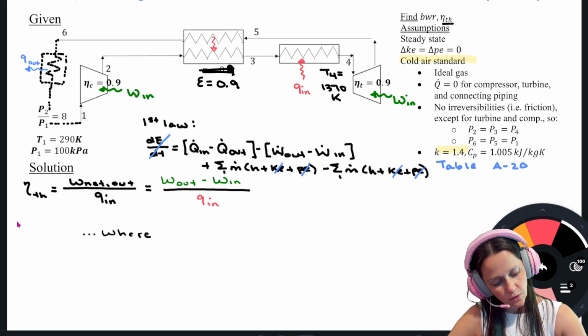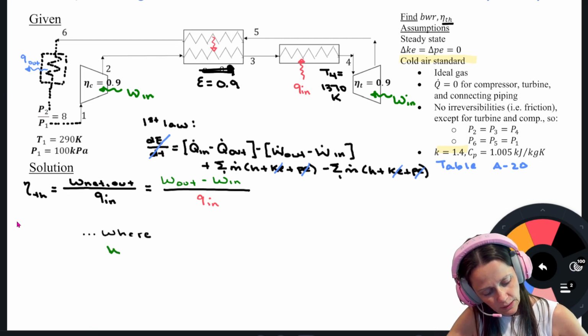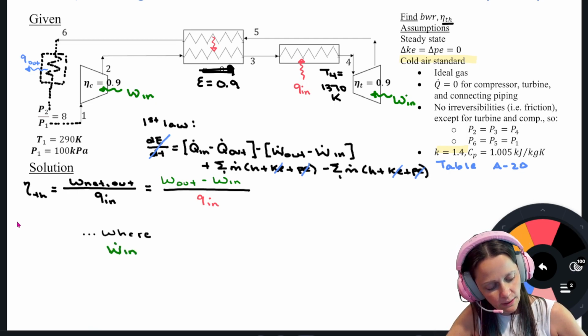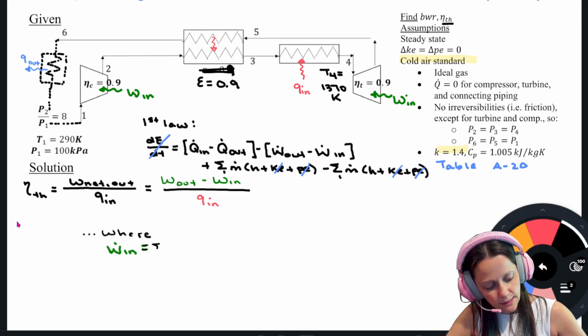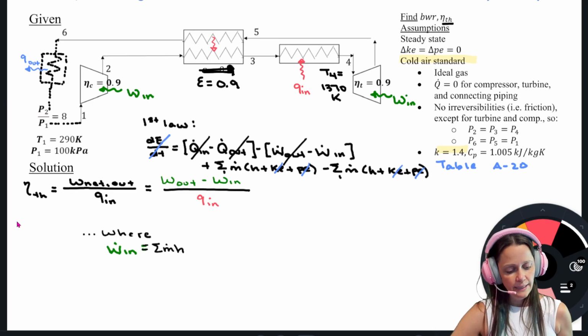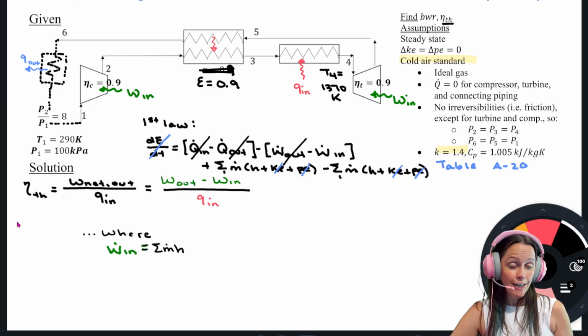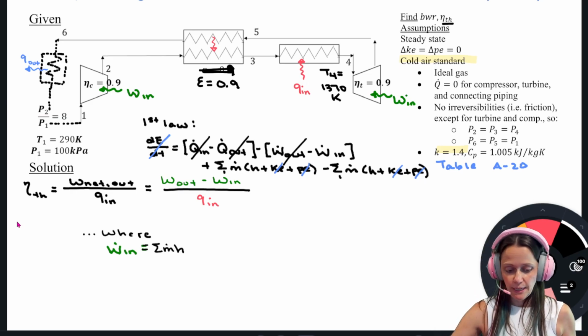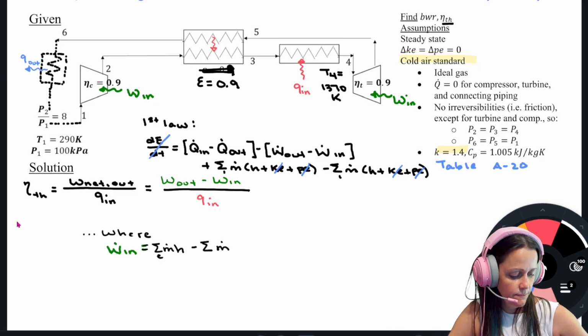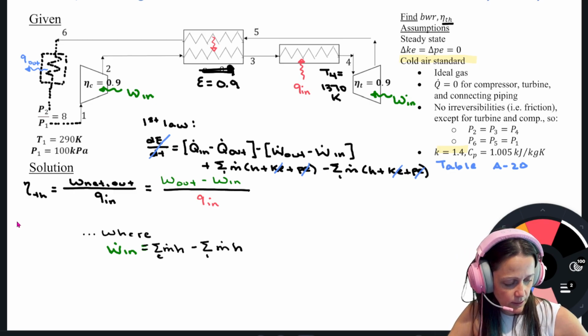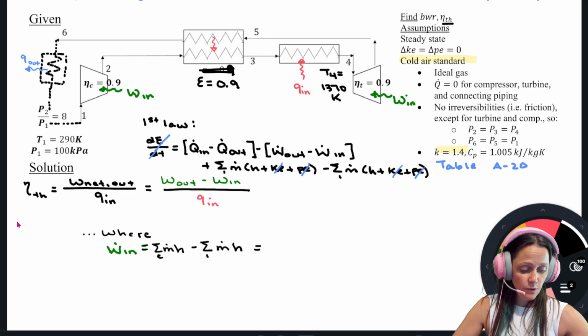So let's start with the work in. And really this is going to be W dot in. So it's the sum of the M dot H's. If I apply my first law, it's going to be the sum of the M dot H's going out minus the sum of the M dot H's going in. So out minus in. And so this same mass flow rate going in and out.